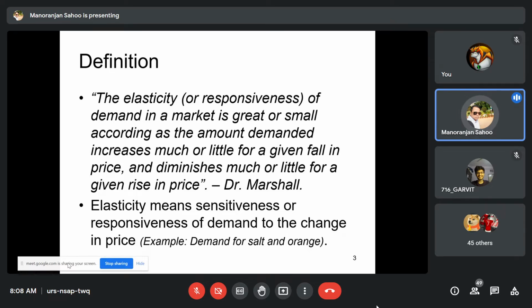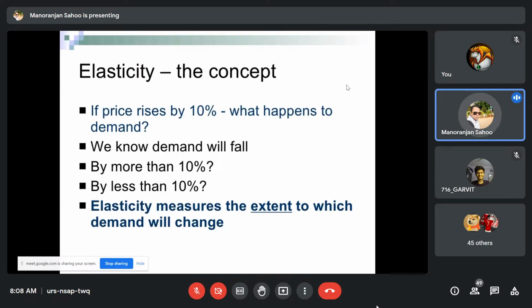So it is helpful in government policy making. How it will be helpful, we can discuss now. What is the elasticity of demand actually saying?